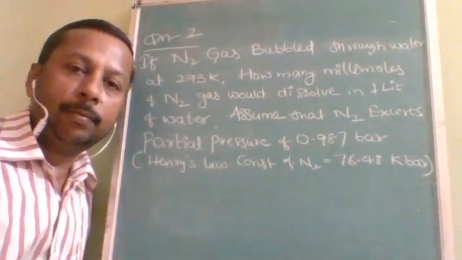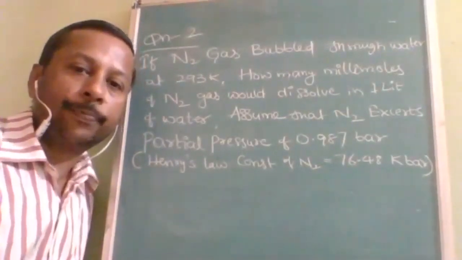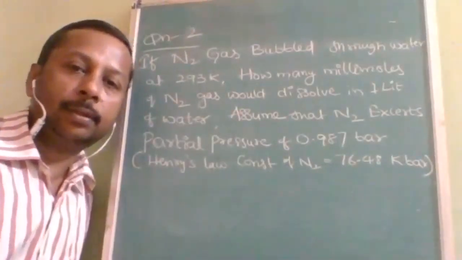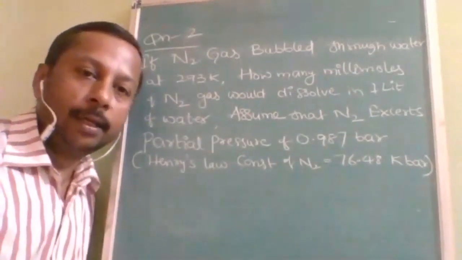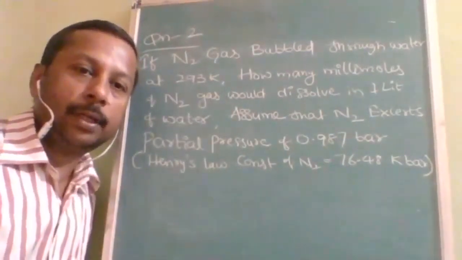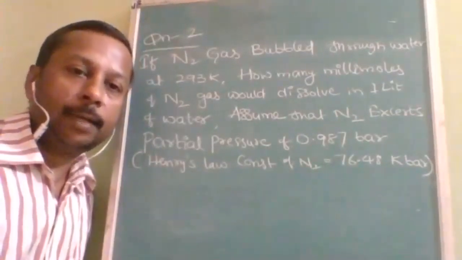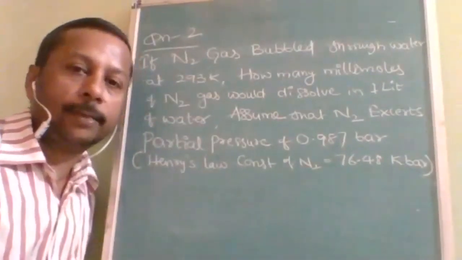How many millimoles of N2 would dissolve in 1 liter of water? 1 liter can be taken as 1000 ml or 1000 grams. Why am I telling you this condition? Because it is going to be useful while solving.